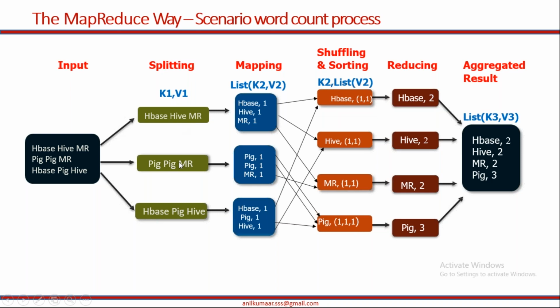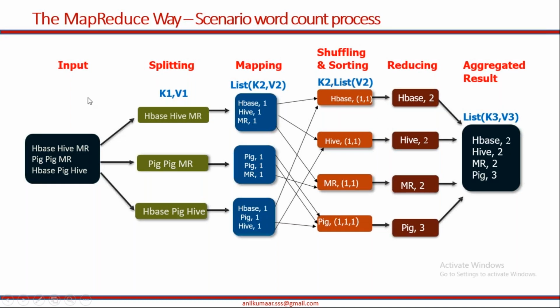Of course, the splitting is actually the job of the MapReduce framework. As developers, our business logic is involved only in the mapper and reducer phases. There are some other phases also, which I'll cover later.